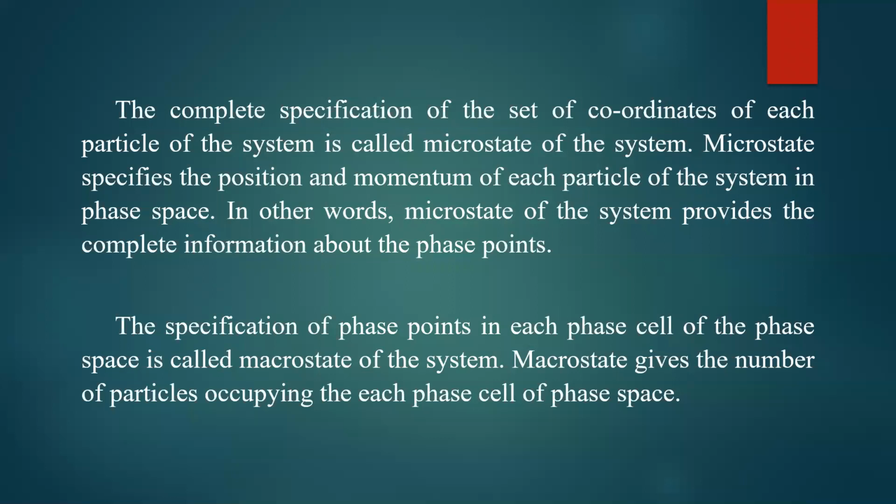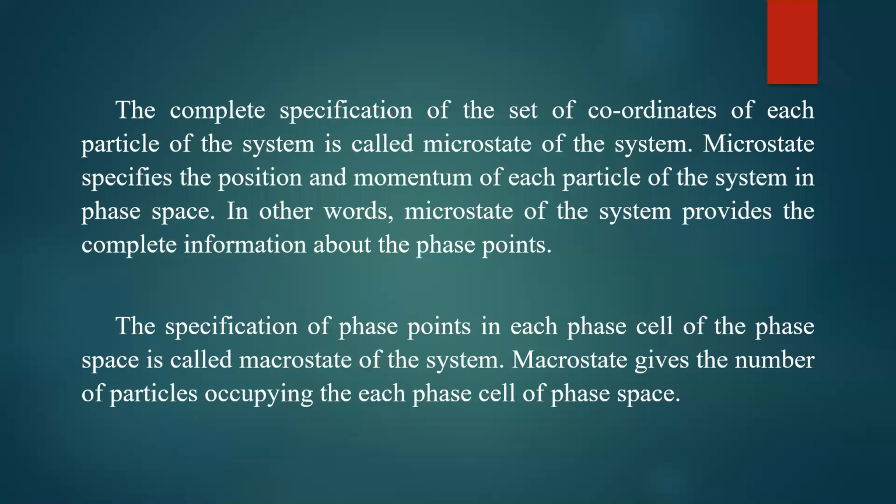So that is called the microstate. Microstate means the complete specification of the set of coordinates for every particle of the system. If we have the complete information, that is called the microstate of the system. The specification of phase points in each phase cell of the phase space is called the macrostate of the system.